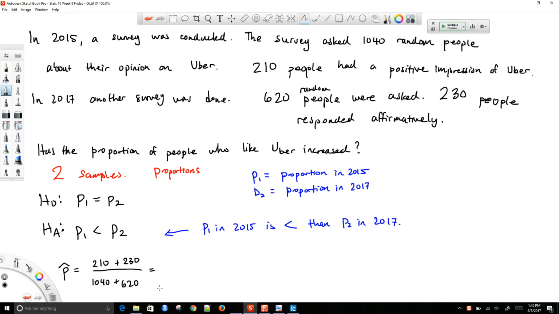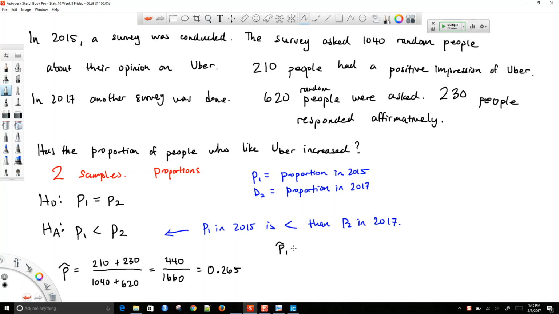In the numerator, 210 plus 230, I have 440, and in the denominator, 1040 plus 620, I have 1660. So I have about 0.265. This is p hat overall.